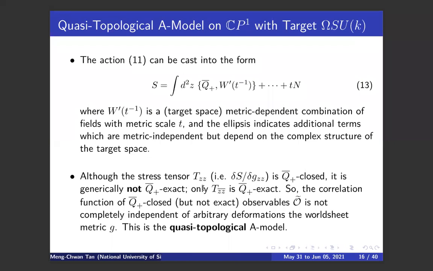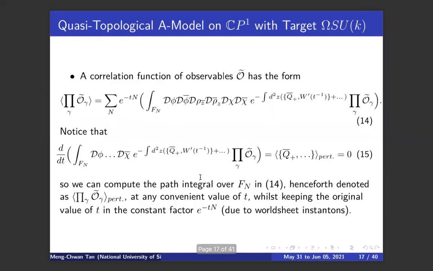Does it form a Virasoro algebra? Yes, it still does form a Virasoro algebra. What is the value of the central charge? It depends on some geometry of the target space. I don't recall, it's in the paper, I think.